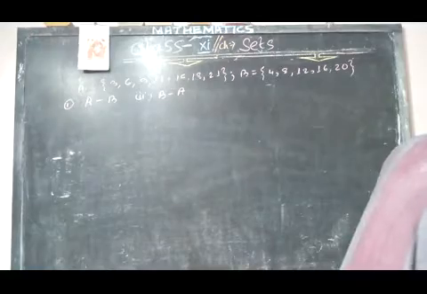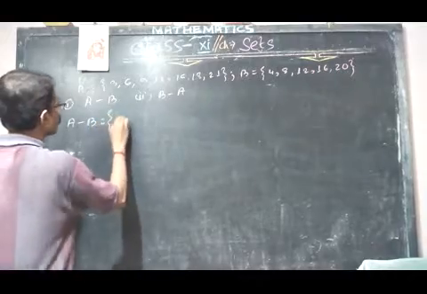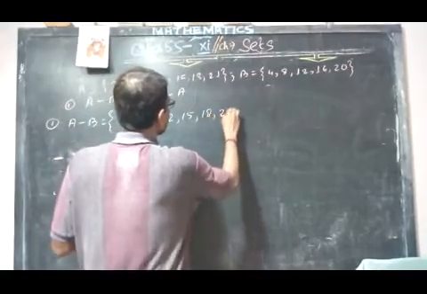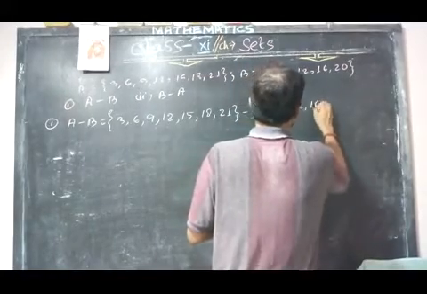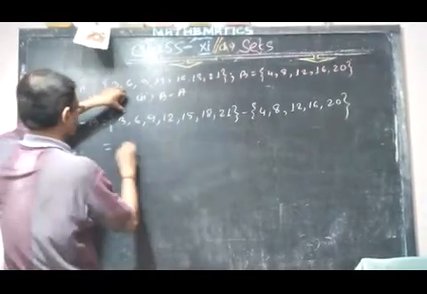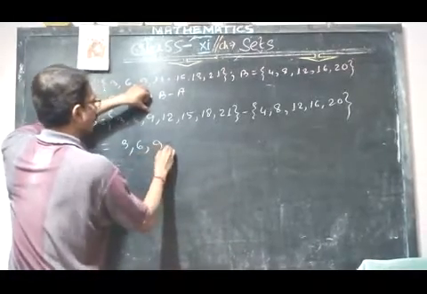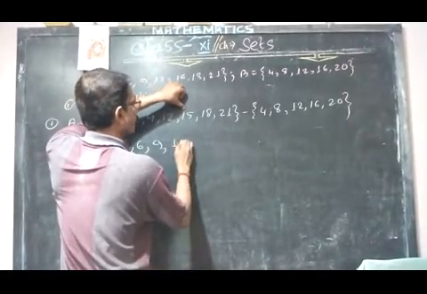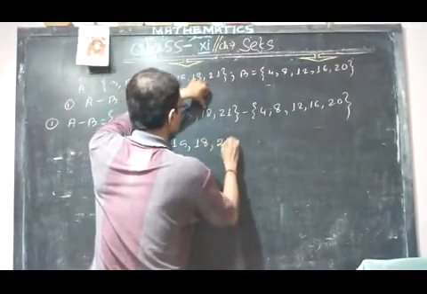Here A minus B equals 3, 6, 9, 12, 15, 18, 21 minus 4, 8, 12, 16, 20, which equals 3, 6, 9, 12 is a common term, so cancel, then 15, 18, 21.